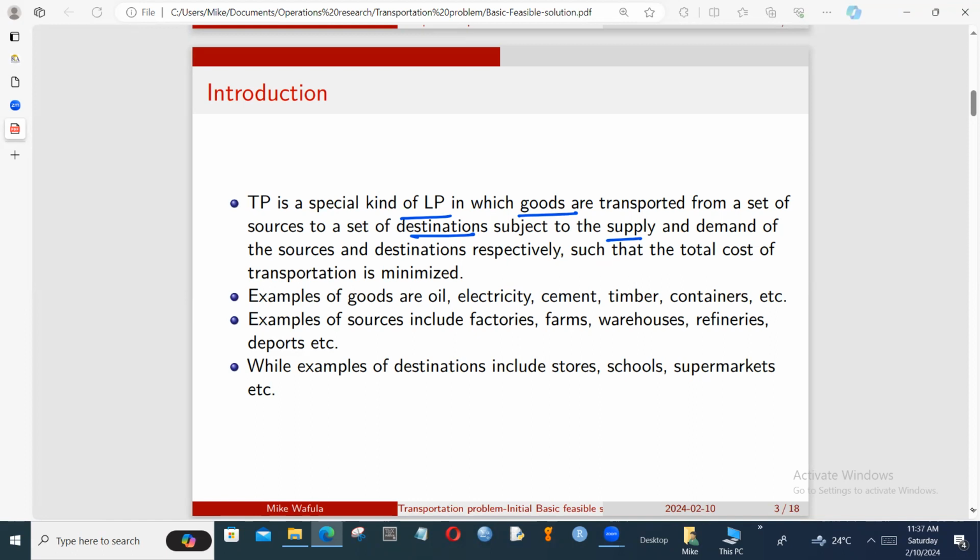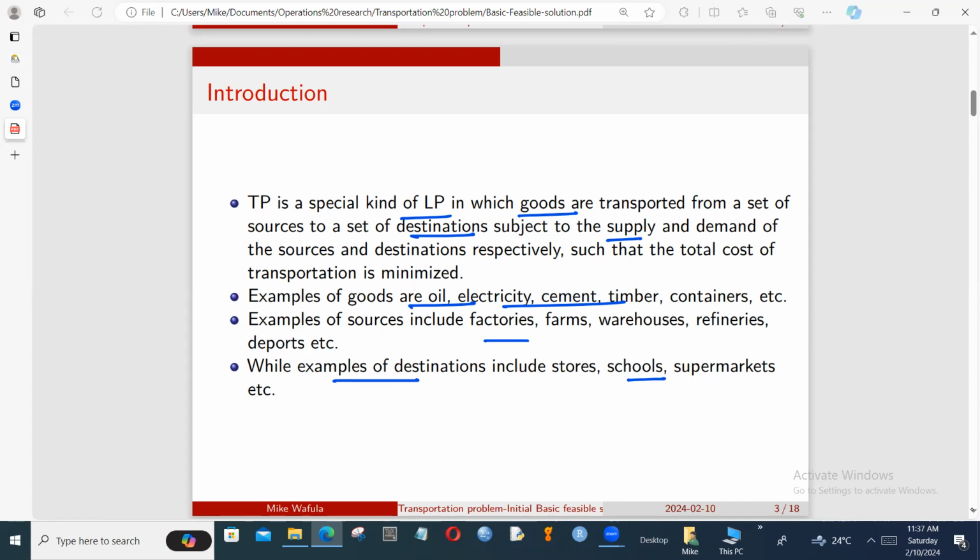But we want to transport these goods from their sources to destinations in such a way that we are able to minimize the costs that we use to transport the goods. By goods here, we have just selected examples. Could be oil, electricity, timber, and so on. Sources could be factories, warehouses, depots, and so on. And destinations, these are now the consumers, could be schools, supermarkets, stores, and so on.